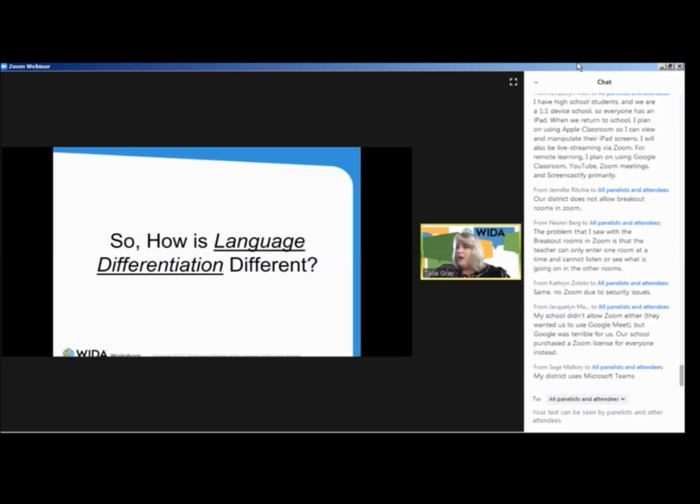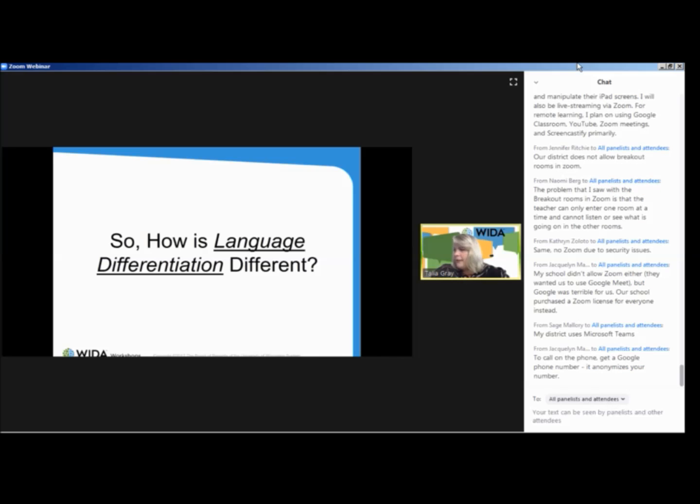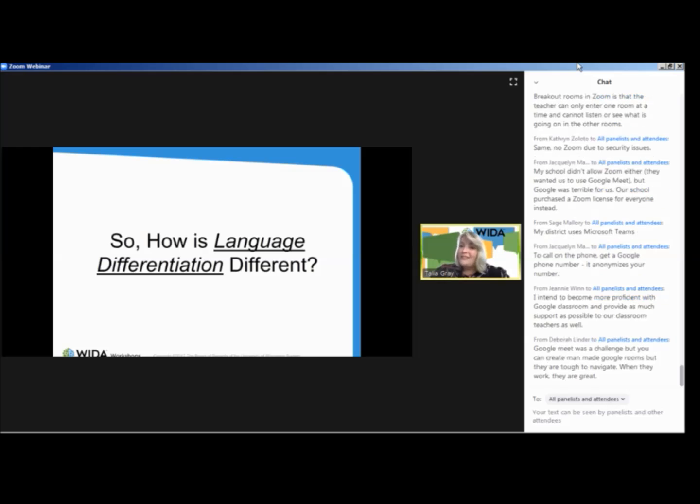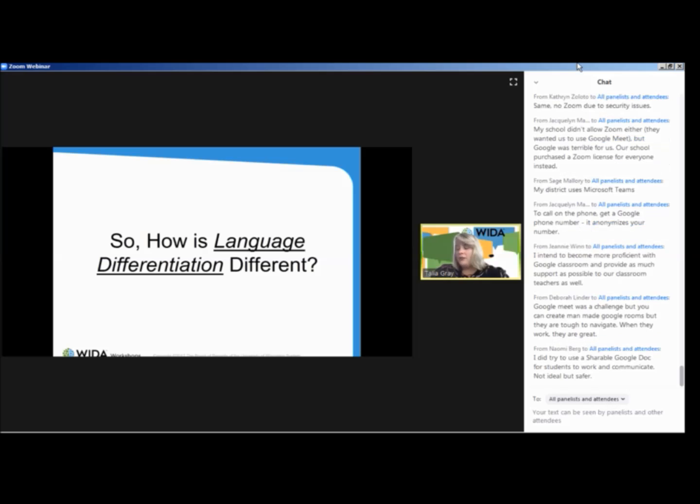Oh no, our school purchased a Zoom license for everyone instead. My district uses Microsoft Teams and Google Meet. To call on the phone, get a Google phone number. Good tip. Google Meet was a challenge. But you can create man-made Google rooms, but they are tough to navigate. When they work, they're great.